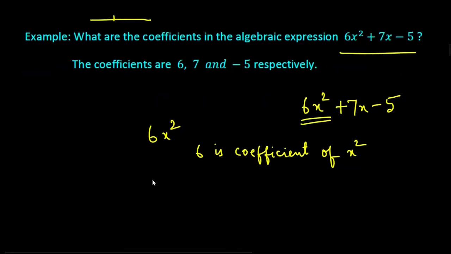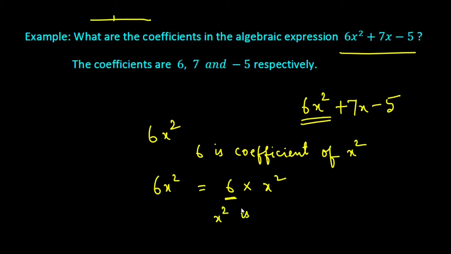If we write the given term 6x square as a product of two factors 6 and x square, then one factor is called the coefficient of the other factor. 6 is the coefficient of x square, and x square is the coefficient of 6.